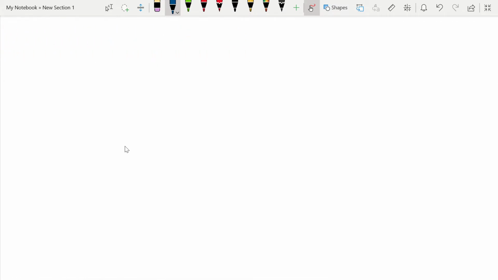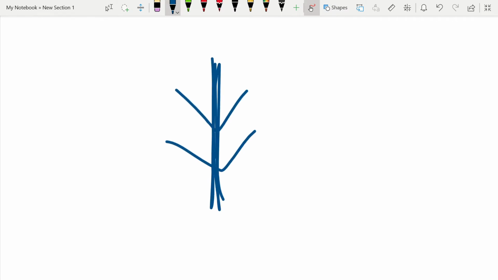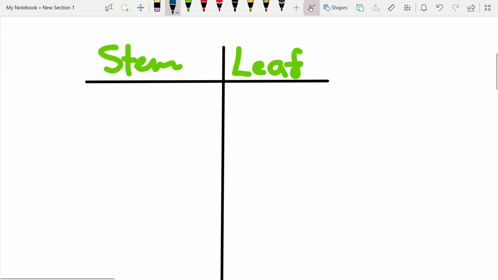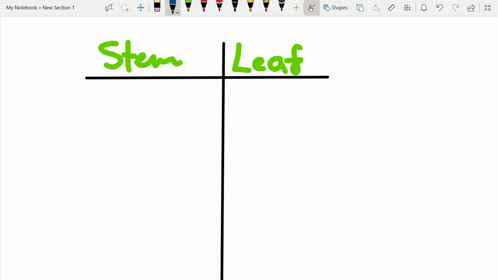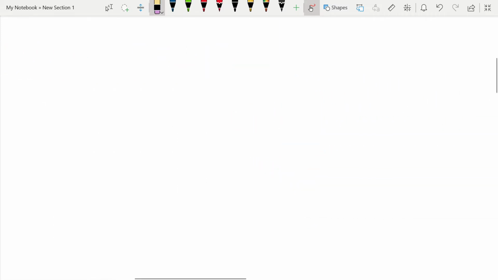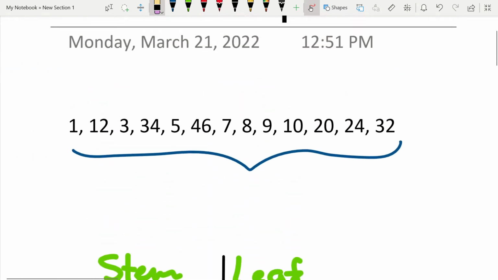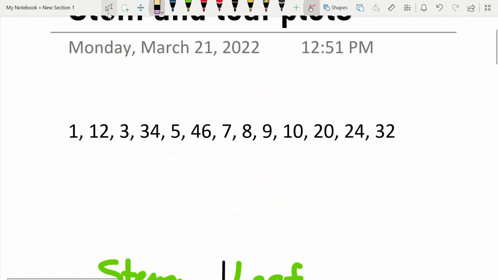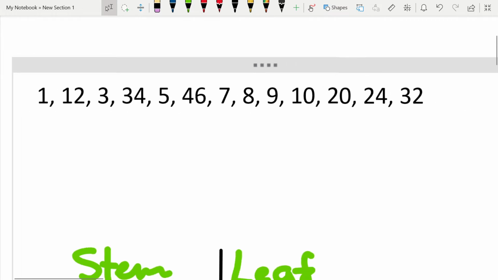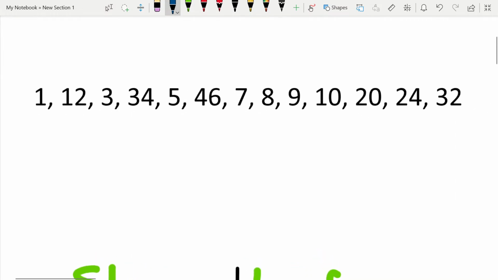If you have a plant, the stem is the main thing, and then the leaves are just parts coming out of it, right? So that's why, if you look back at our graph, the stem is the base number of what we are going to be looking at. If it doesn't make sense just yet, let's first start by grouping these things up. Don't worry if it doesn't make sense to you.